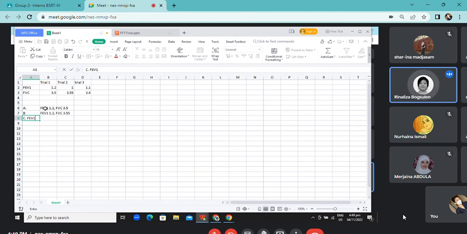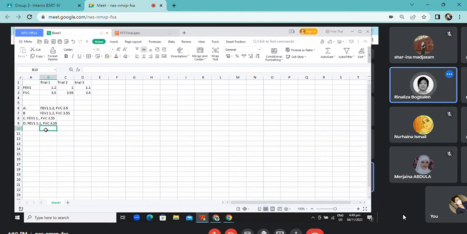Letter D, FEV1 is 1.1. And FVC is 3.55. What's your choice?